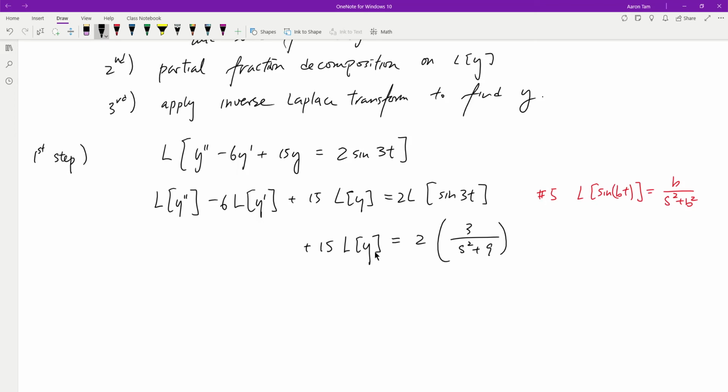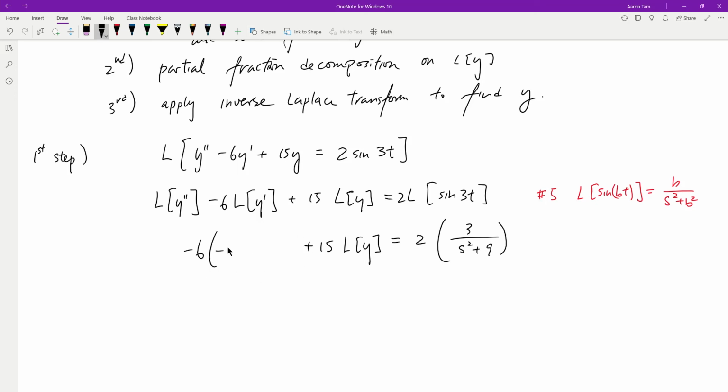So now the question is, what are the Laplace transforms of y prime and y double prime? Both of those you will need to memorize. Okay, so let's do that. I'm going to say minus 6 times Laplace transform of y prime, which is given to be negative y of 0 plus s Laplace transform of y. Maybe I'll write it a little bit bigger.